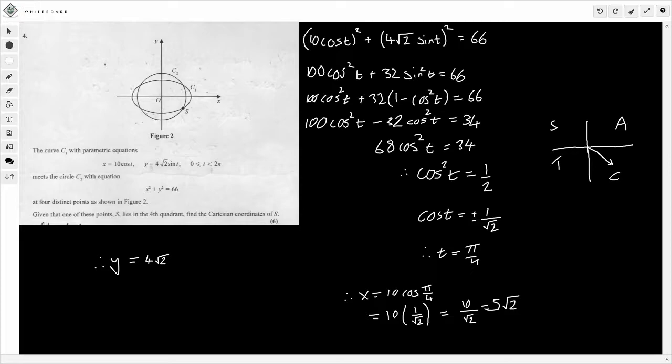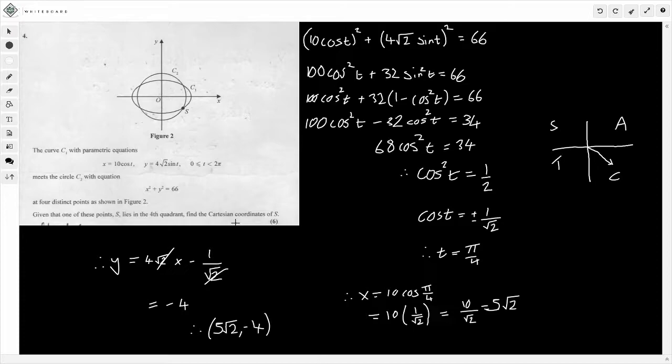So this is 4 root 2 times minus 1 divided by root 2. So that root 2 cancels with that root 2, so it's 4 times minus 1, giving us y is minus 4. So our coordinates are going to be 5 root 2 and minus 4.